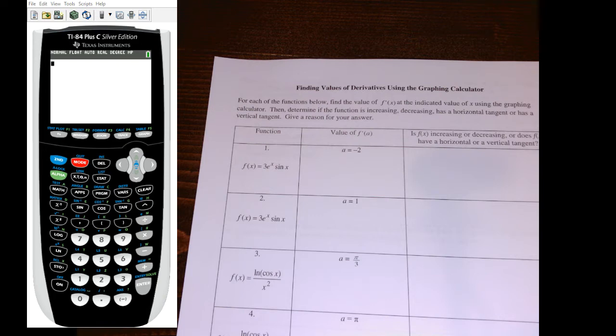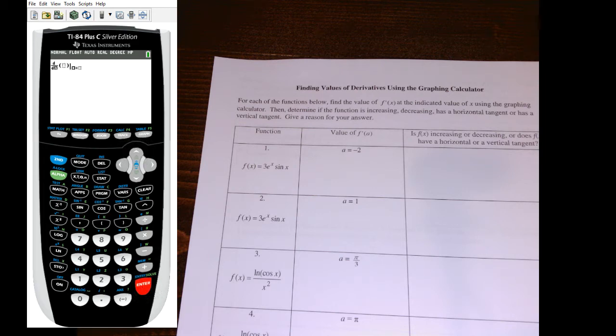So you're going to go to math. Find your math button. And you're going to go to number 8, nDeriv. You can use your arrows down to get to nDeriv, or you can just type the number 8.